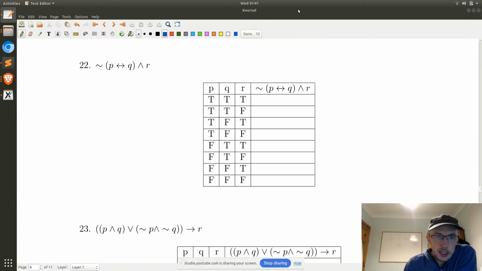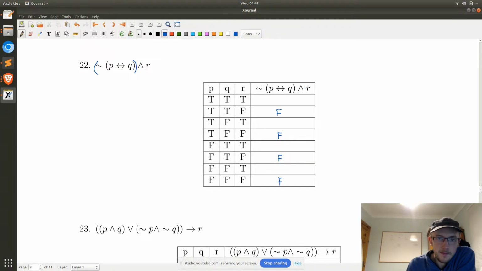Next up, the negation of a material equivalence and R. By precedence, we go there. Okay, so whenever the right disjunct is false, the entire thing is false. So false, false, false, false.